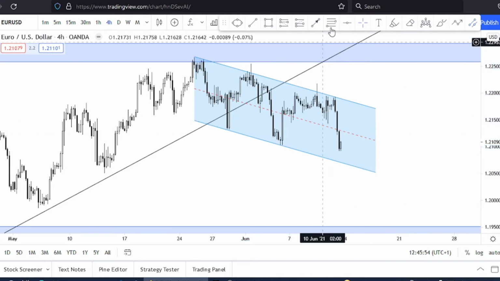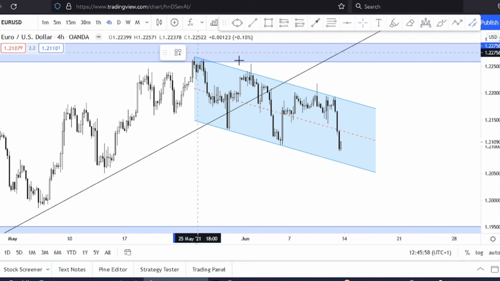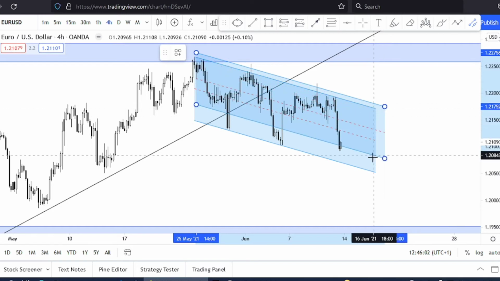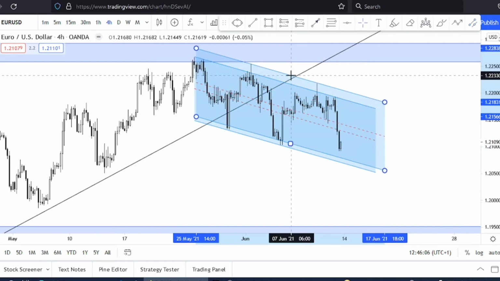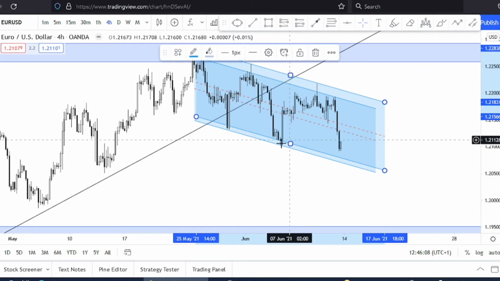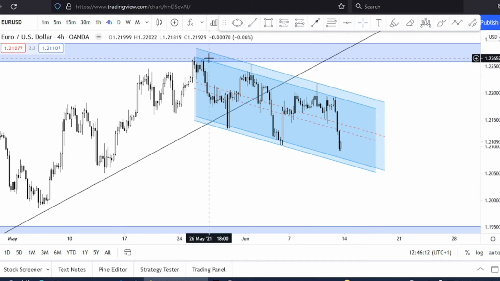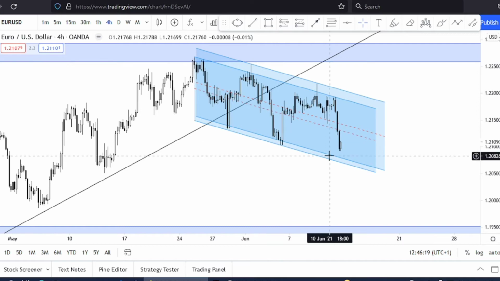Normally I like to draw the areas that I'm interested in as a zone, so that I know the area that I'm looking at. There's the high there, and I'm basically looking at this lighter blue area, so that when price gets into this area, I'll be looking for some sort of reaction around it.